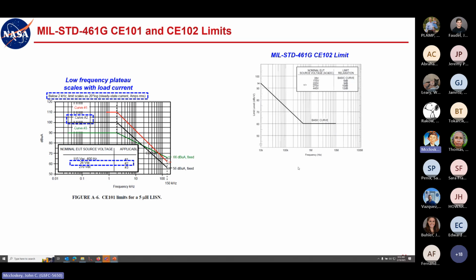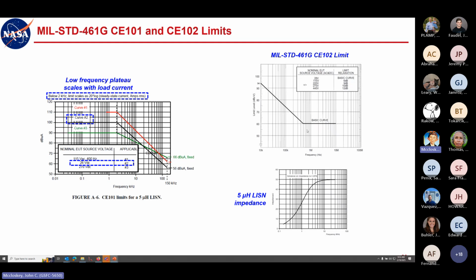So if we look at this CE102 limit, and I'm going to relate this to CE03, that's the ultimate point here. This is the CE102 limit in the Mil standard. You take the 5 microhenry LISN impedance at the low end at 150 kilohertz, that's right around 5 ohms or 14 dB ohms.